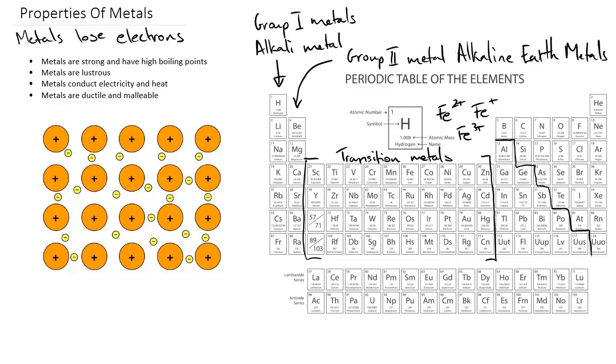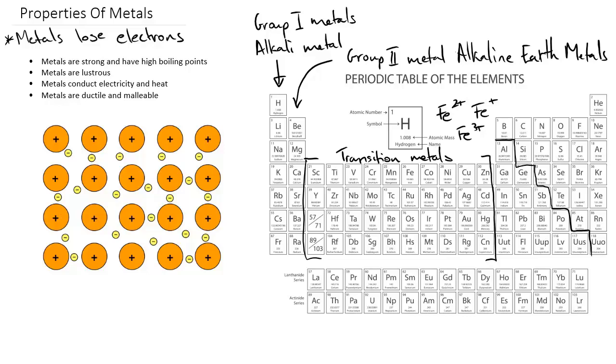Aluminium is still considered a metal because it still has the capacity of releasing 3 electrons. So we know that the main definition of a metal, what distinguishes a metal, is that a metal can lose electrons. So I wanted to explore the properties of metals today.